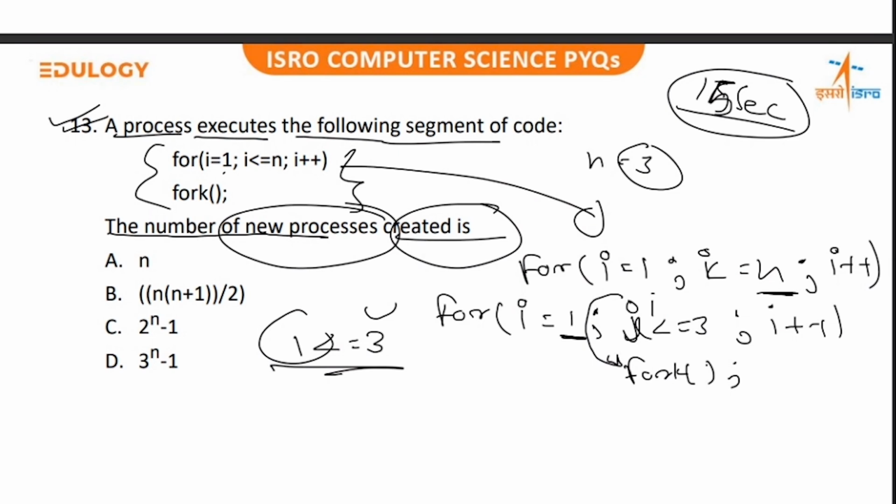Here this function will create a child process. Simply, listen: what does the fork function actually do? It creates a child process.